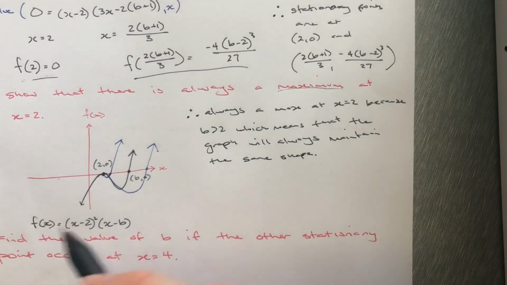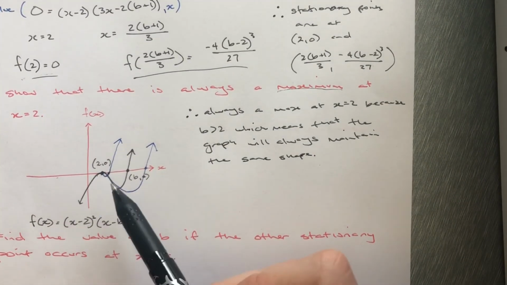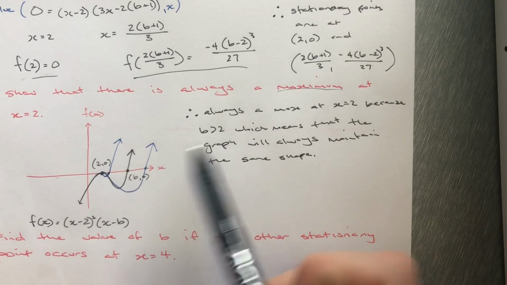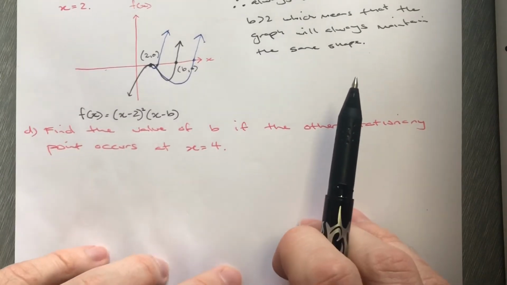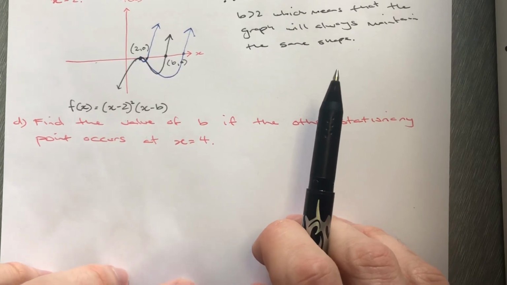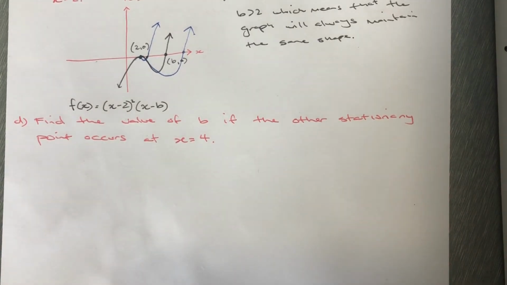The graph that I drew here sort of explains it a little bit as well. So if you had both of these things here, you'd be fine. You'd get your full marks. And let's move to the last bit of this question, D.